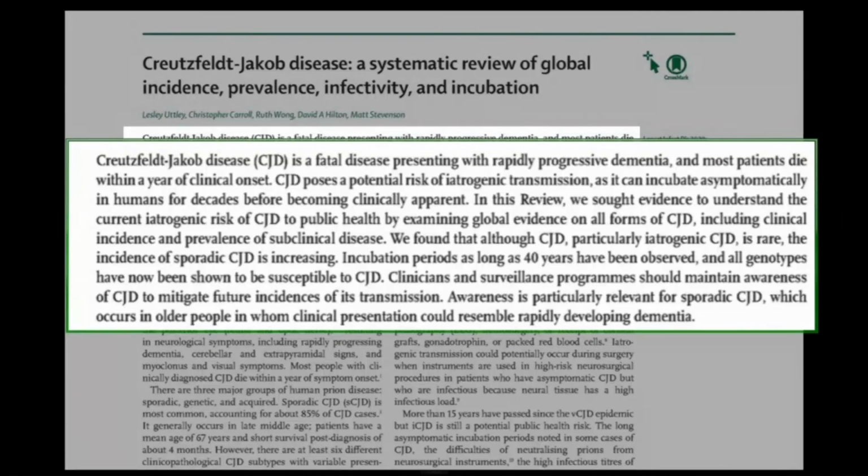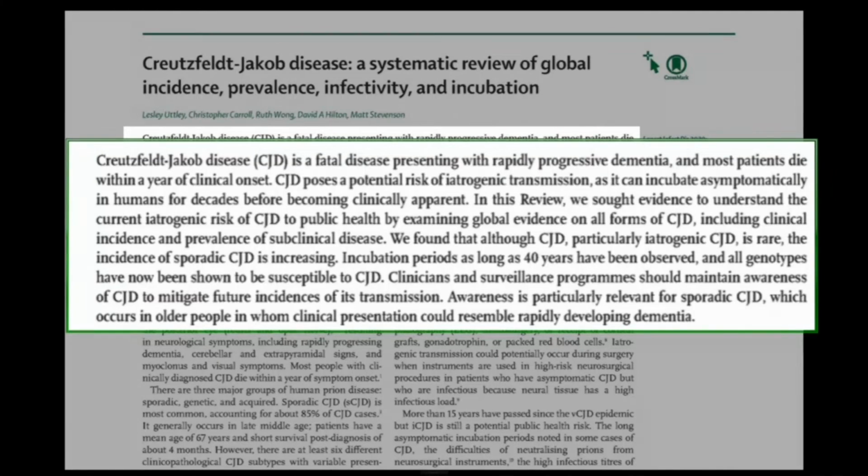Incubation periods as long as 40 years have been observed, and all genotypes have now been shown to be susceptible to CJD. Clinicians and surveillance programs should maintain awareness of CJD to mitigate future incidences of its transmission. Awareness is particularly relevant for sporadic CJD, which occurs in older people in whom clinical presentation could resemble rapidly developing dementia.